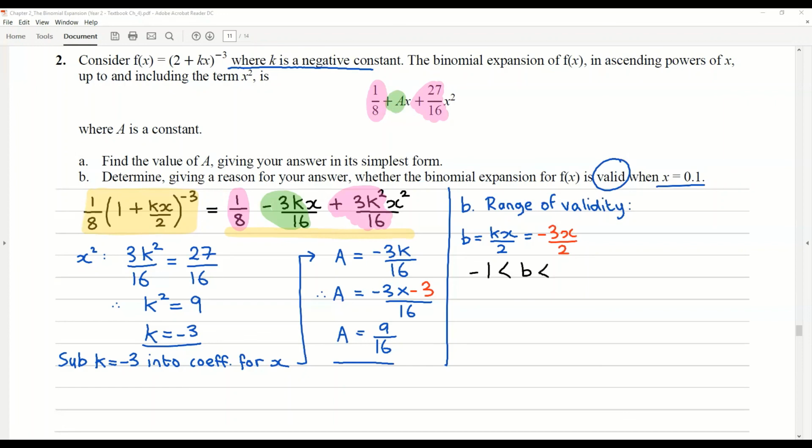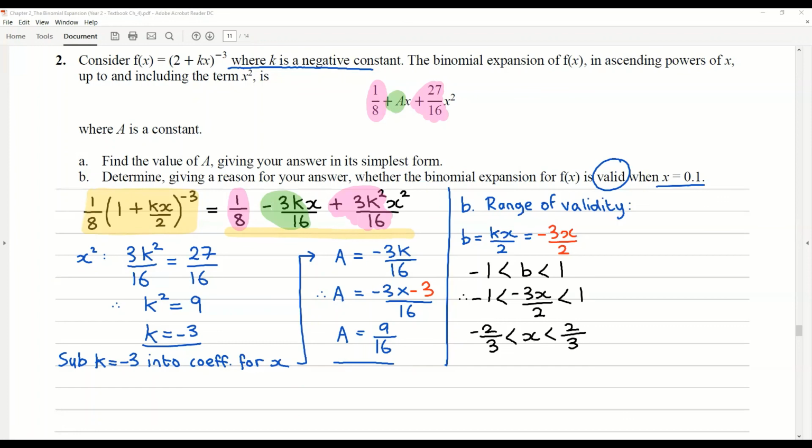So b is between those two. Therefore, b is between negative 1 and 1. Multiply by 2, divide by negative 3. And you might want to write it in reverse so it looks better. Depends how many steps you want to do for that bit. And we get the range of validity for x is between negative 2/3 and 2/3.